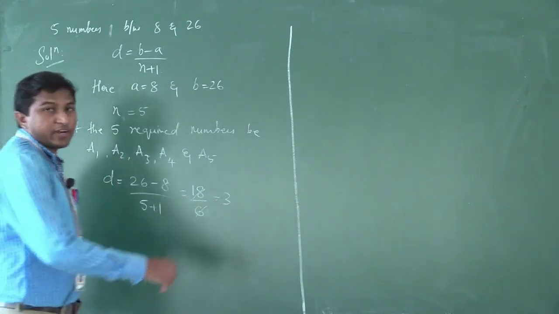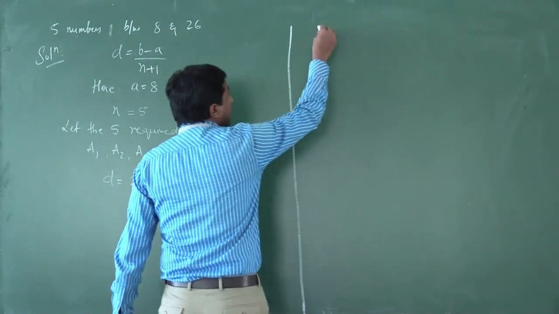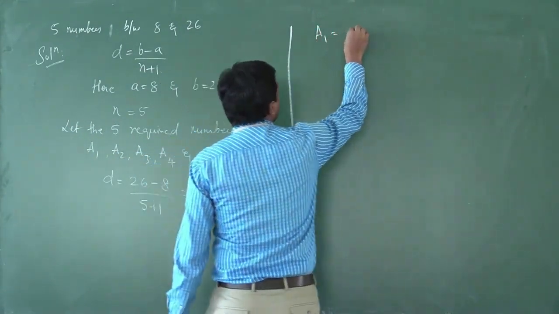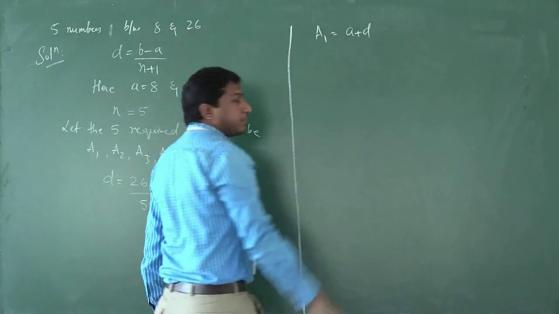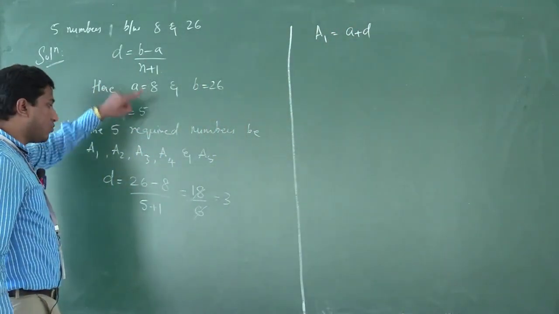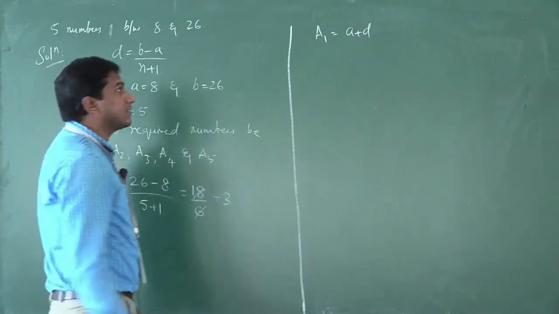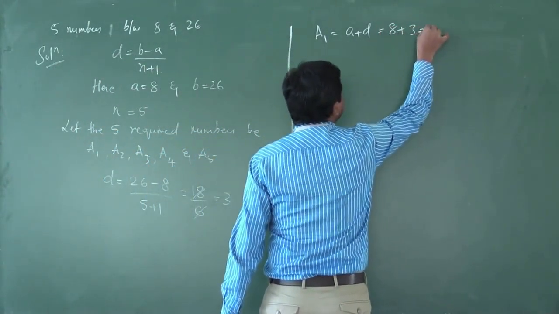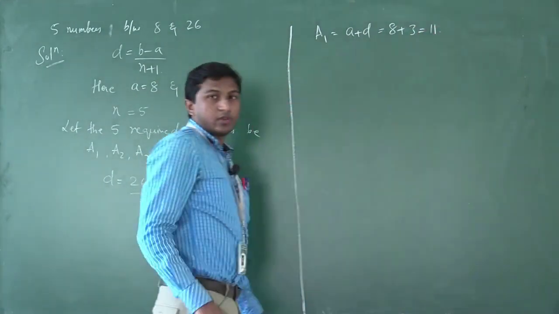Now, how do we find out A1, A2, A3, A4, A5? A1 is nothing but a plus d. A is 8, d is 3. So 8 plus 3 is equal to 11.